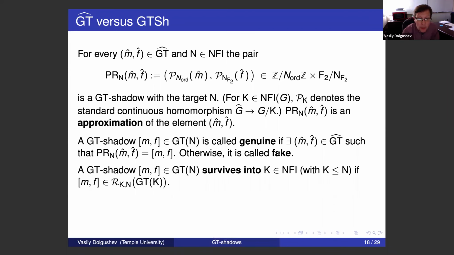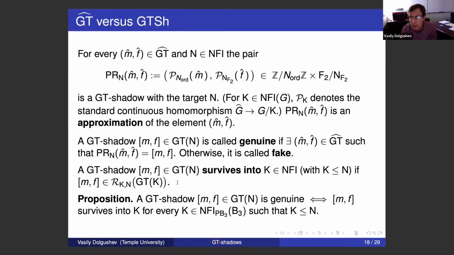And then we say that a GT shadow with a target n survives into K, with K sitting inside n, if it belongs to the image of this reduction homomorphism. Then one can prove that a GT shadow is genuine if and only if it survives into K for every K sitting inside N.